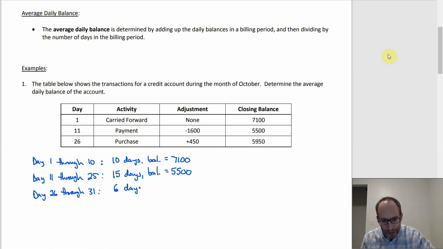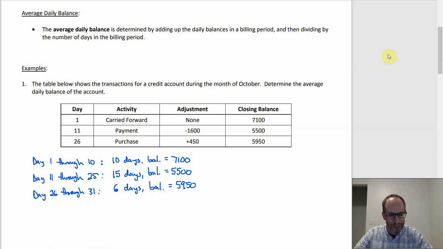So 6 days. And then the balance is 59.50 because there's been a purchase. A $450 purchase was made on day 26. So we're going to have a balance that's a little bit higher for those last 6 days. So in order to get the lengths of these intervals, I guess really you just have to get the first one right.